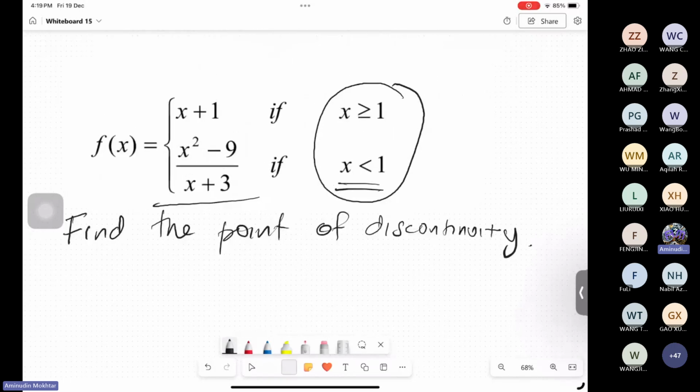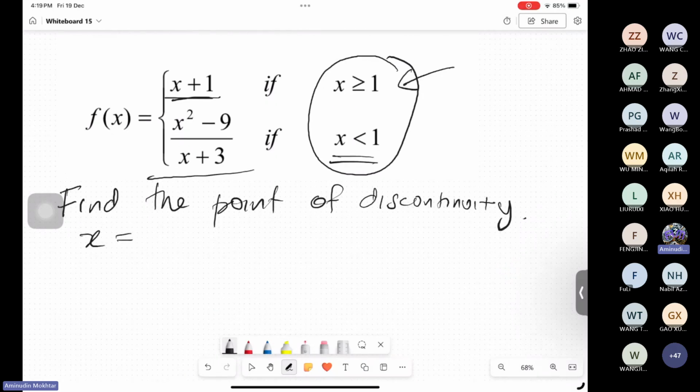We call this the turning point. So the first point we need to check is the turning point, x equals 1. That's the first tip.